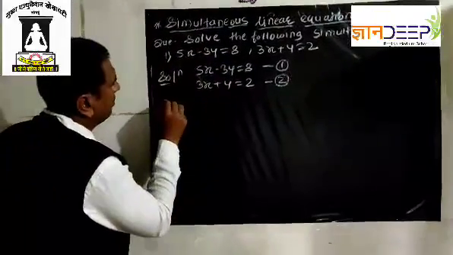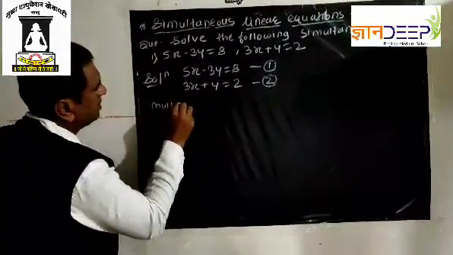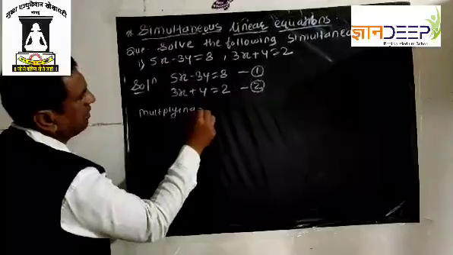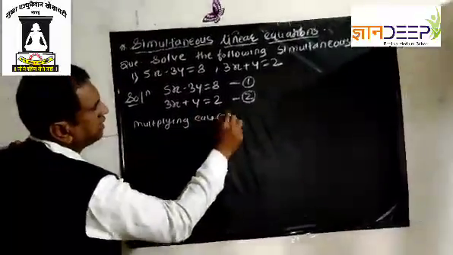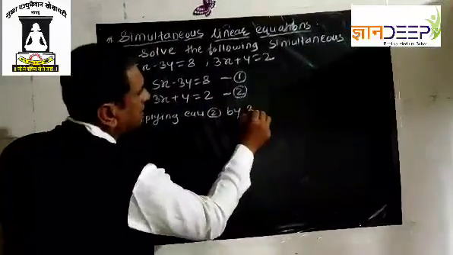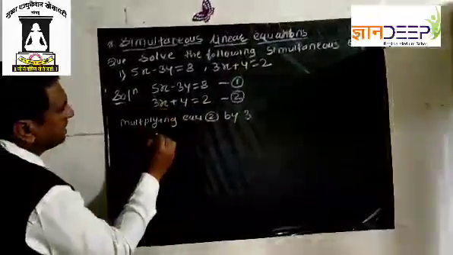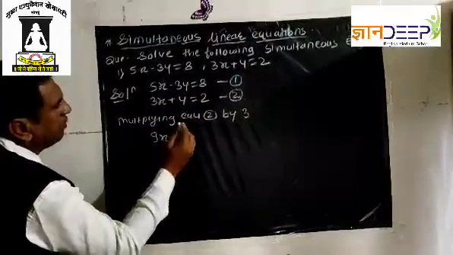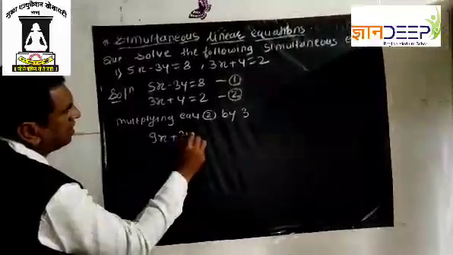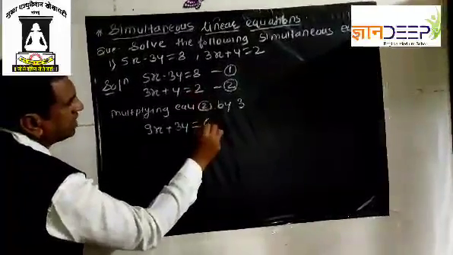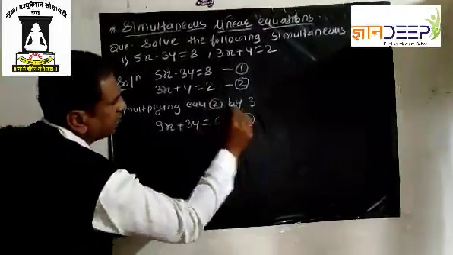So write, multiplying equation 2 by 3. 3 3s are 9x plus 3y is equal to 3 2s are 6. This becomes equation 3.